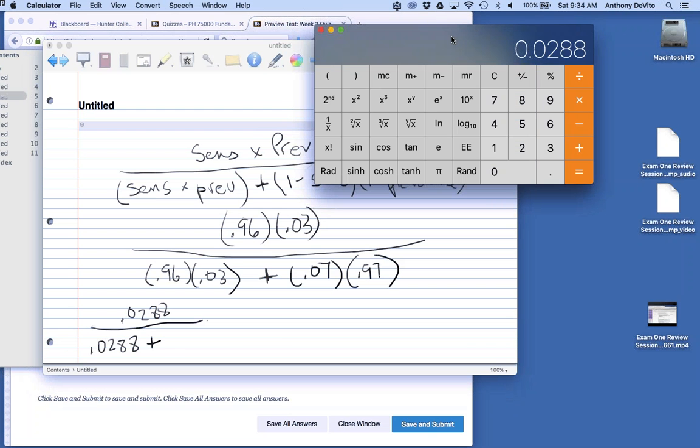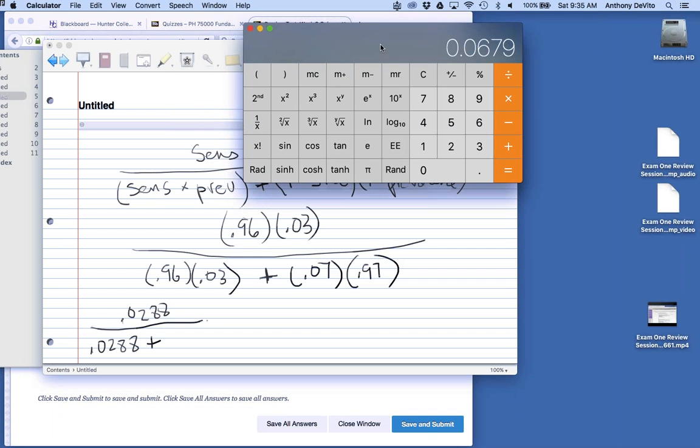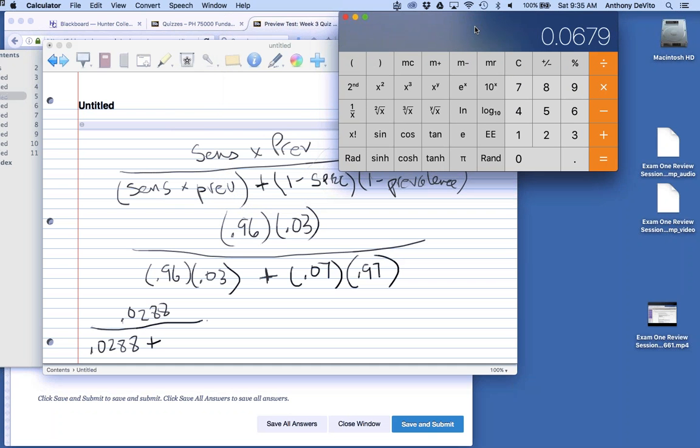We got 0.07 times 0.97, and that comes out to 0.0679. These numbers look familiar, by the way. 288, remember that from the 10,000? Remember I used a nice round number like 10,000. Kind of ironic, right? Since these are proportions, they're coming back as proportions instead of actual people.